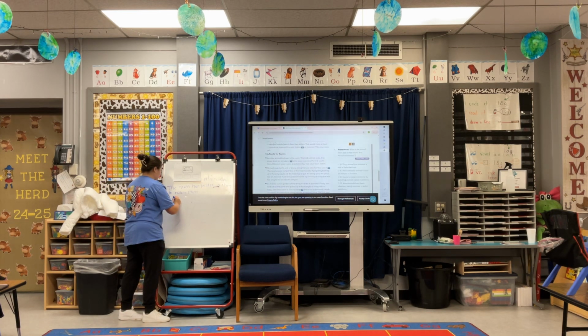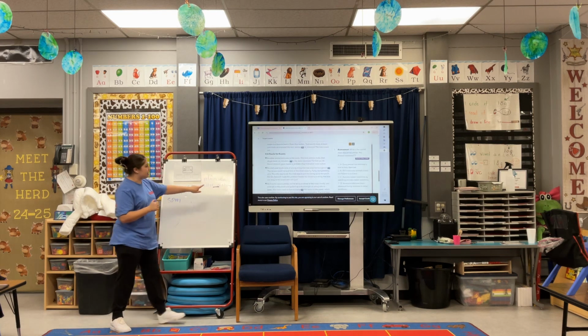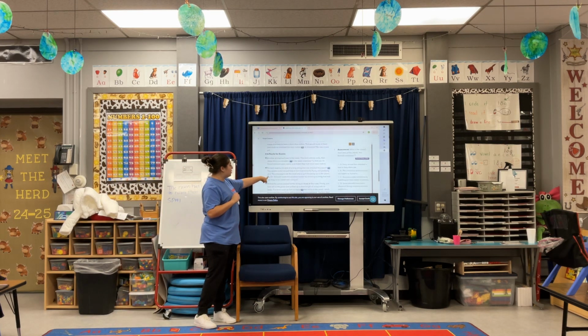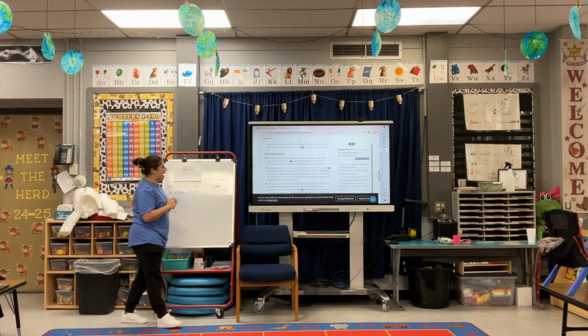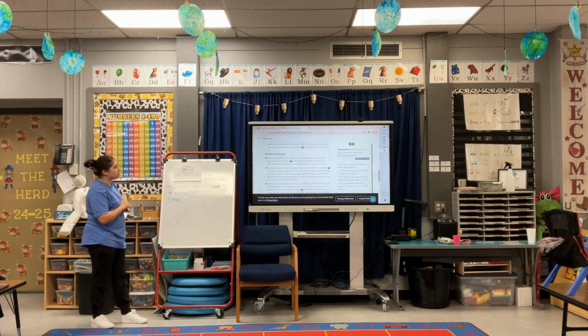So supporting detail number 1. So let's look at this. It says the ravens could not pull bits of the meat loose from flying and grabbing at it. It also says that Dr. Heinrich had tied the meat to a long string.